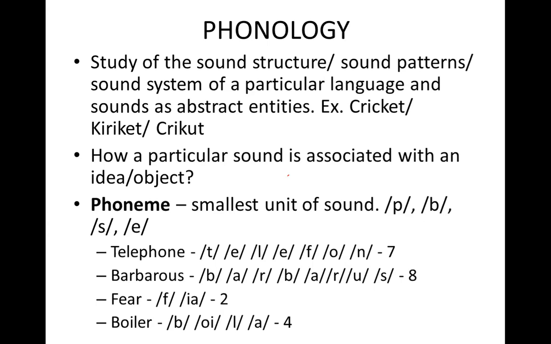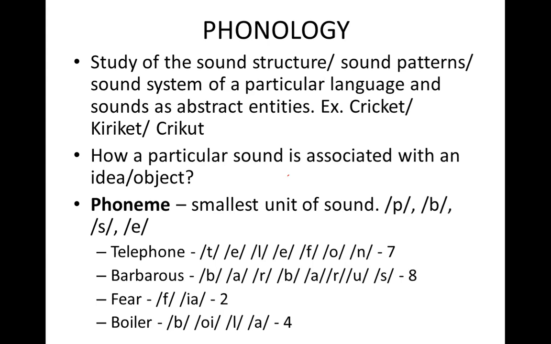Look at the first word, telephone. Please do not get confused between phonemes and syllables; they're different. How many phonemes does telephone have? T, E, L, I, F, O, N: 7 phonemes.